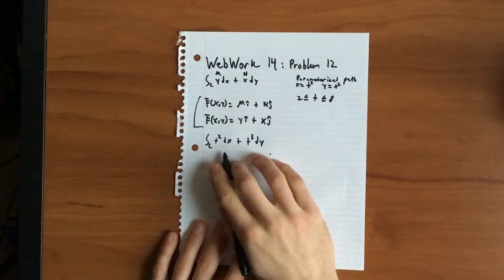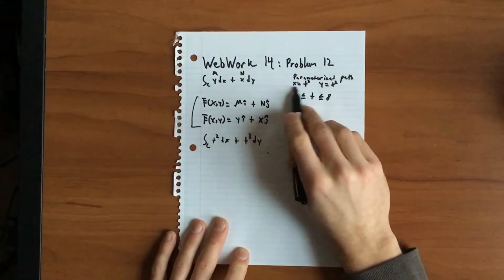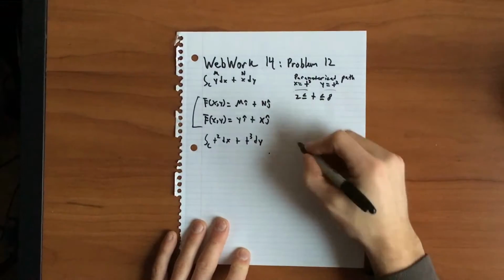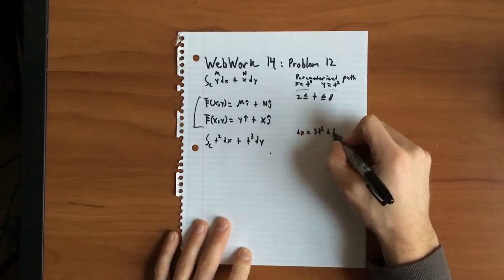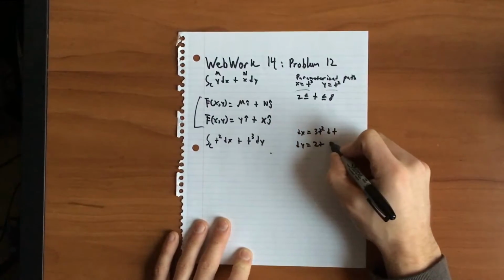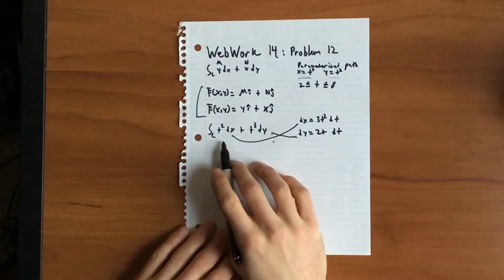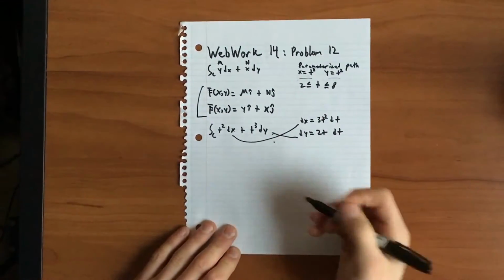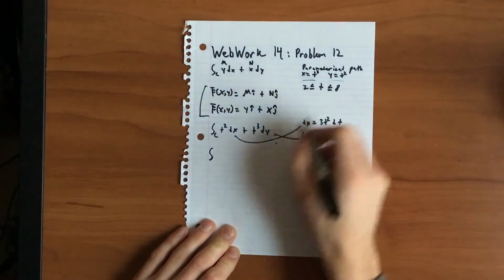And then next we can solve for dx and dy using the same exact equations. If we just take the derivative of both sides of these equations, we get dx is equal to 3t squared dt, and dy is equal to 2t dt. And these can be plugged right into our line integral, taking into account that we're going from t equals 2 to t equals 8.